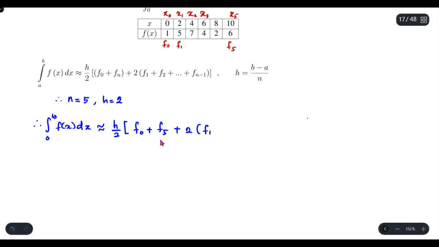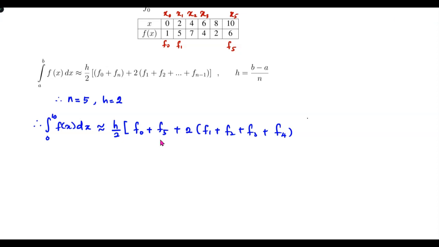So f1 plus f2 plus f3 plus f4, only up to f4, because f5 has already been considered. Now the rest is just plugging in the values, where h is 2, so you have 2 over 2 here.